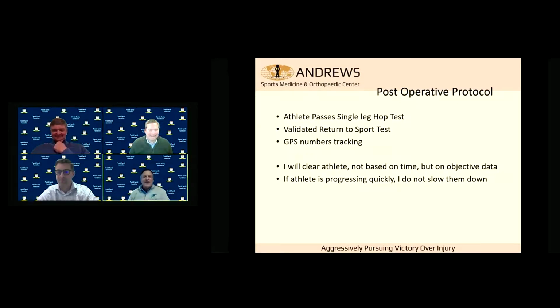So there are a number of different tests that have been validated. There's a Y balance test. It just requires a specific instrument to use, but that has been validated. A jump test for height, a shuttle run where they go backwards, they shuttle to one side, run forward, go backwards, shuttle to the other side, run forward.